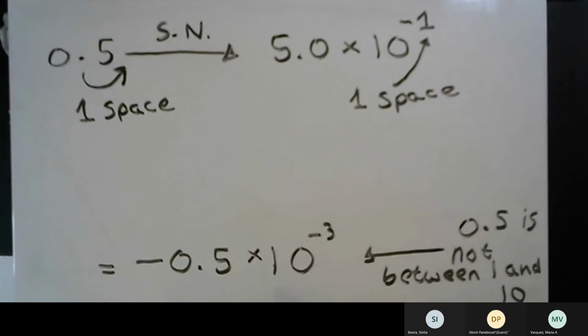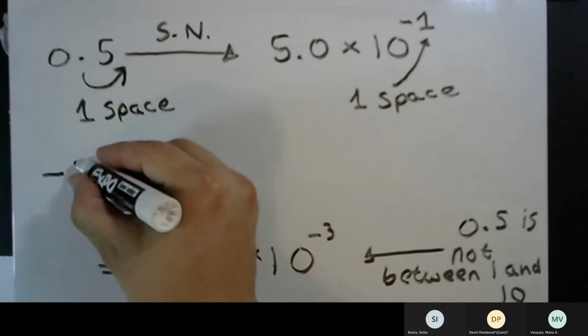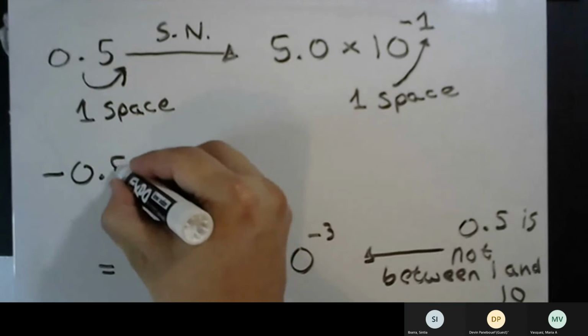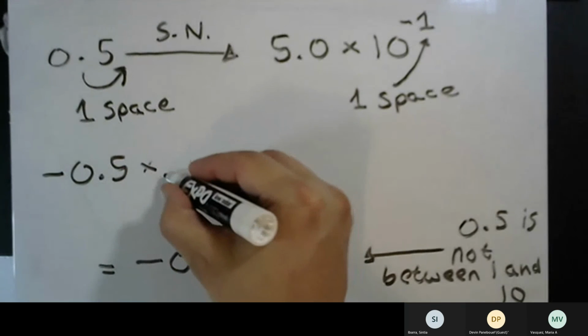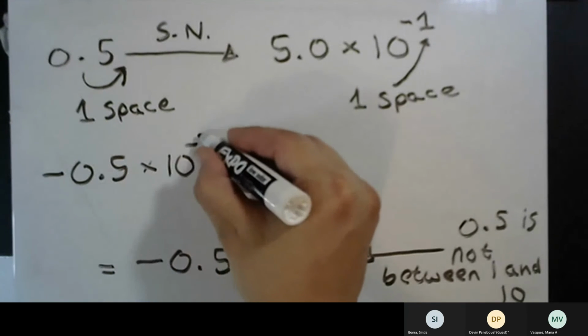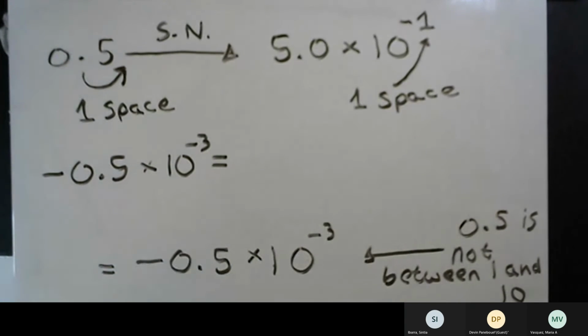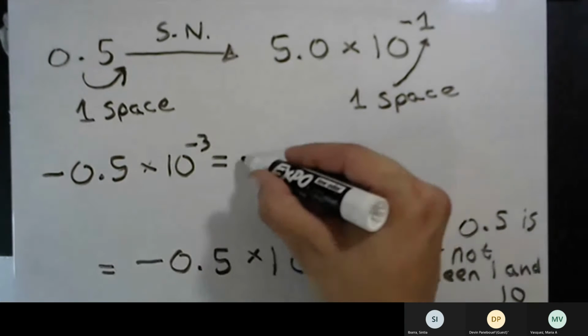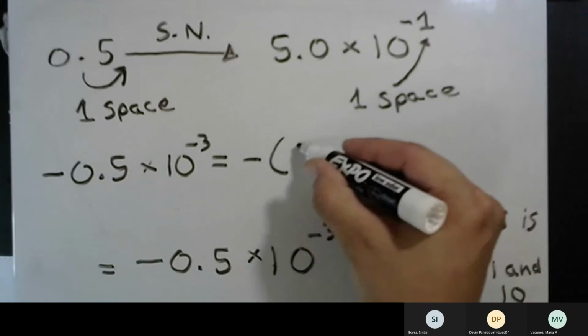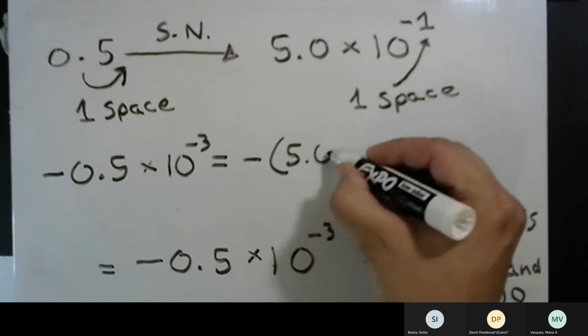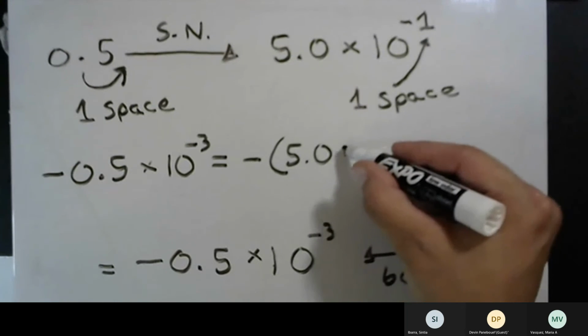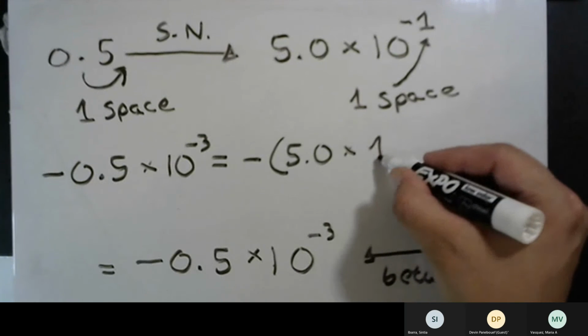So now we're going to take our answer, -0.5 times 10 to the -3. We're going to replace the 0.5 with our number in scientific notation.